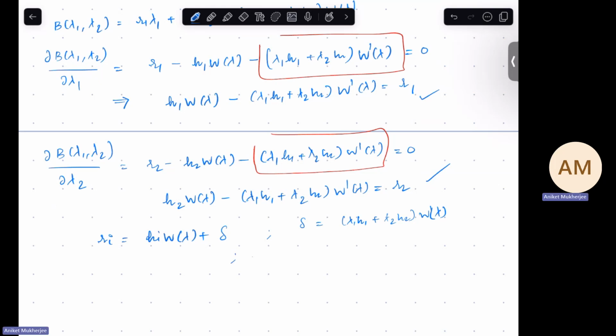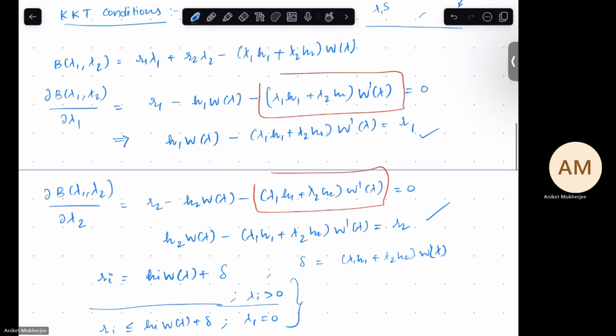So you will also have lambda i greater than 0, and Ri is less than or equal to Hi W(lambda) plus delta(lambda) equal to 0. You'll have both cases, and we also have the constraint that lambda equals lambda 1 plus lambda 2.